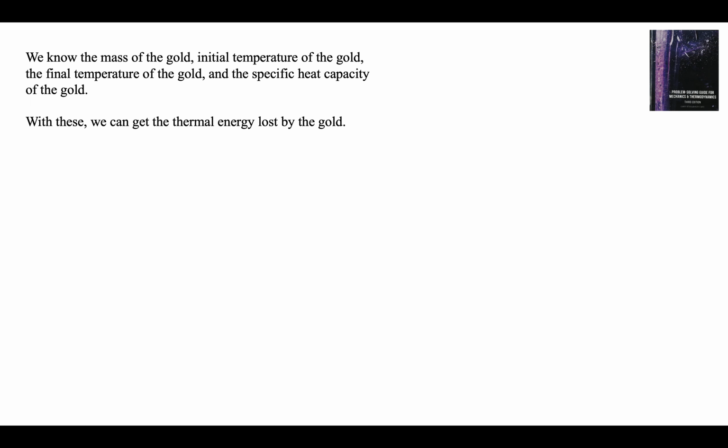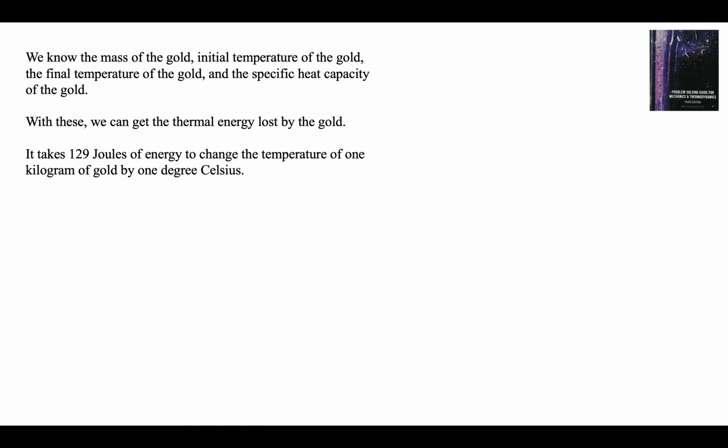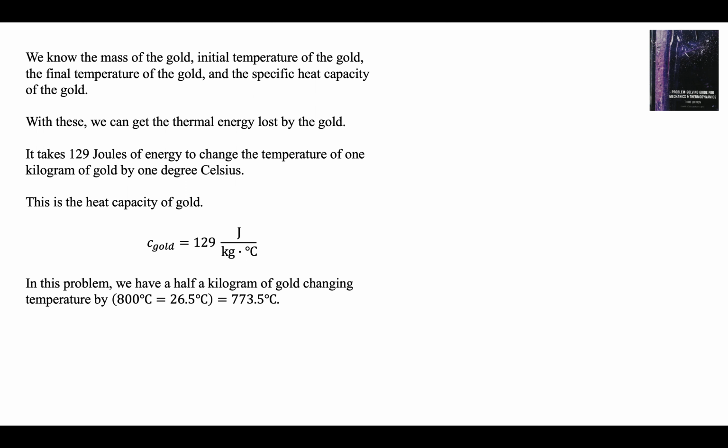How much thermal energy did the gold lose? It went from 800 degrees Celsius to 26.5 degrees Celsius. It takes 129 joules of energy to change 1 kilogram 1 degree Celsius. We have half a kilogram, 500 grams. So the heat capacity of gold is 129 joules per kilogram per degree Celsius. We have half a kilogram. The temperature changed by 773.5.